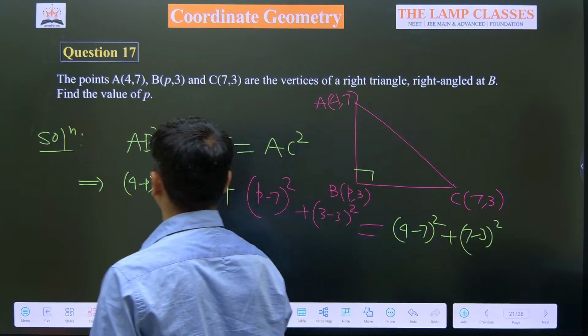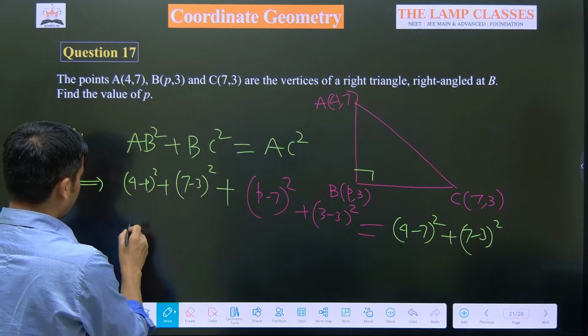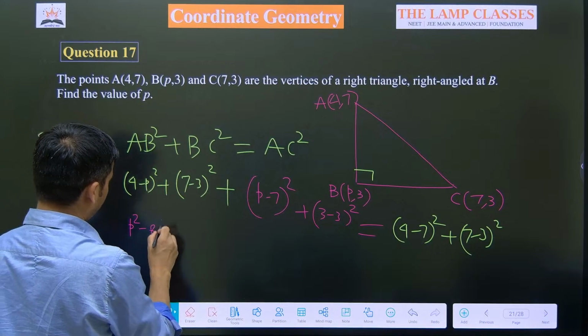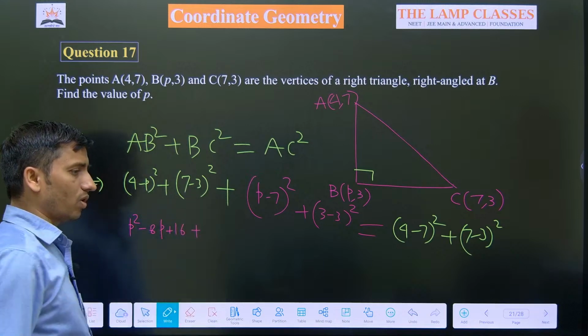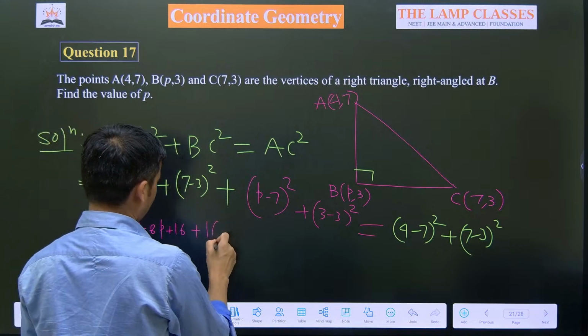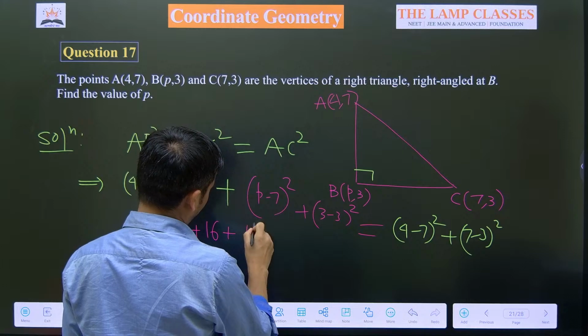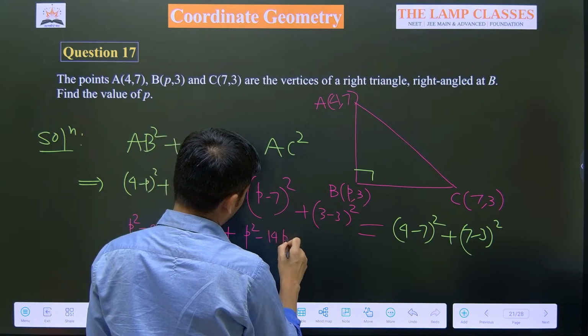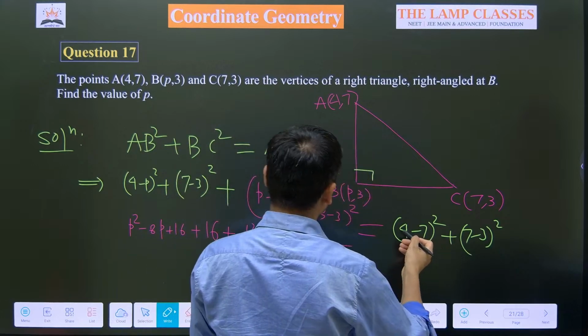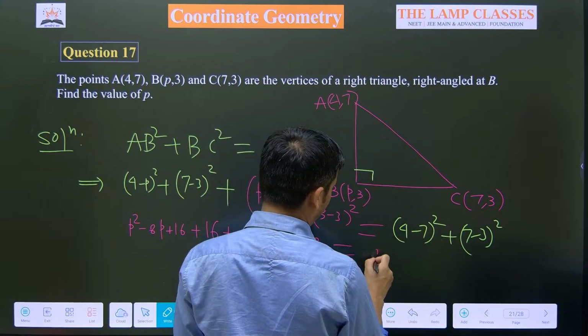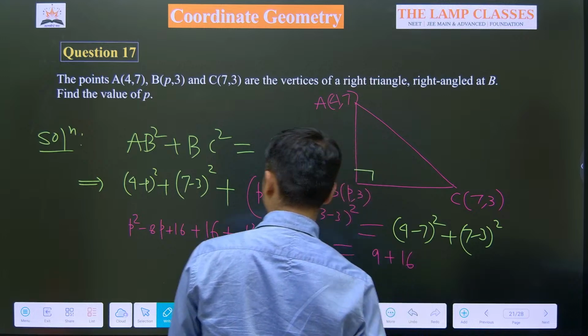And let's simplify it. When you open this, we get P square minus 8P plus 16, plus P square minus 14P plus 49. This is 0 anyway; 4 minus 7 is minus 3, square is 9, plus 16.